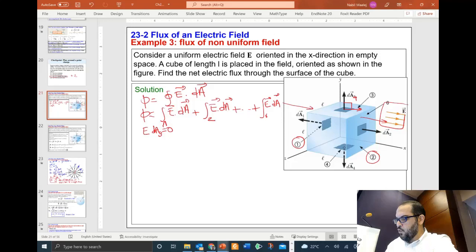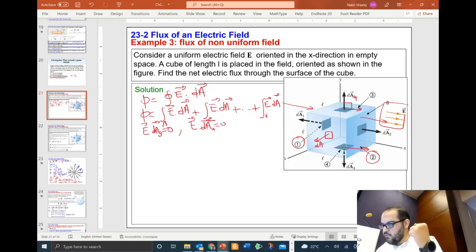Same thing if you go to the bottom, area number 4. E dotted with dA4 is also 0. Same thing on the sides. If you come to the side here, the area vector is pointing in the Z direction.